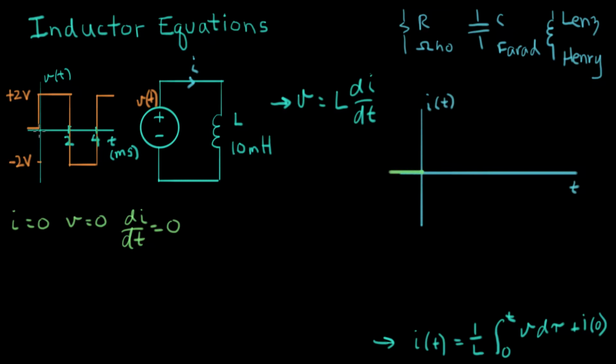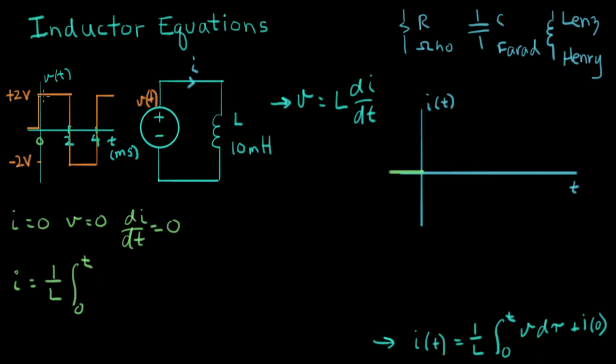Okay, now something happens. Now the voltage goes up to 2 volts, and we're going to use the integral form of the inductor equation to figure out what happens to I of t now that voltage has changed. So we can say that I equals 1 over L times the integral from 0, our starting point here, to t, sometime t, of V of t.